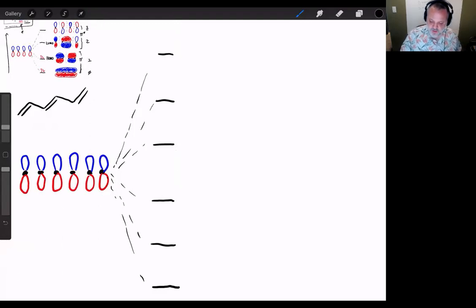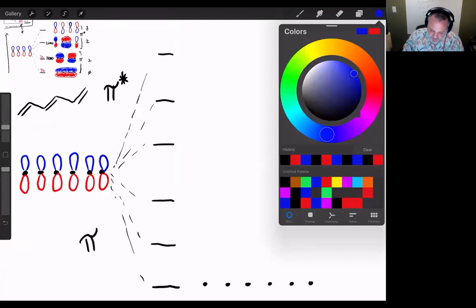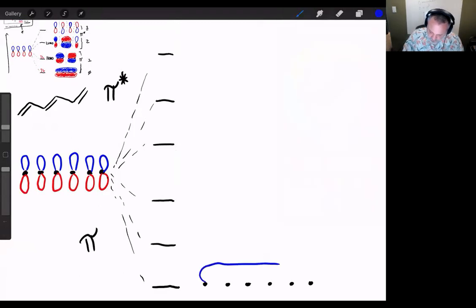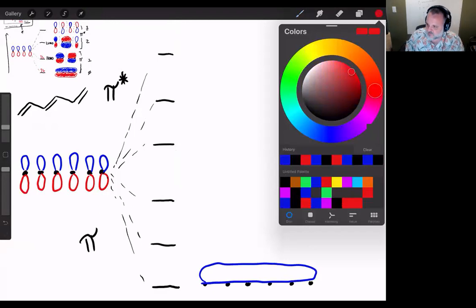What do we know about these orbitals at the top? They're going to be anti-bonding orbitals, and these are going to be pi bonding orbitals. How do I combine them? 1, 2, 3, 4, 5, 6. Well, I know that this one will have no nodes. So this is the situation where they all combine constructively.